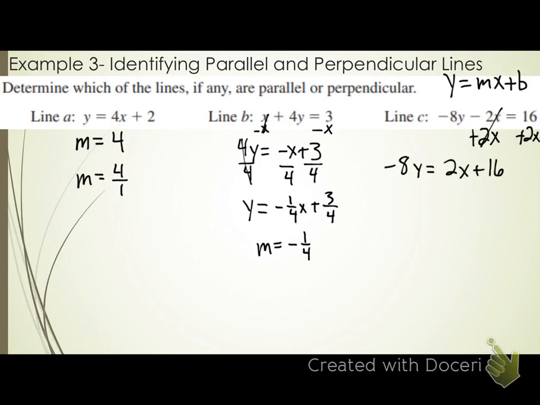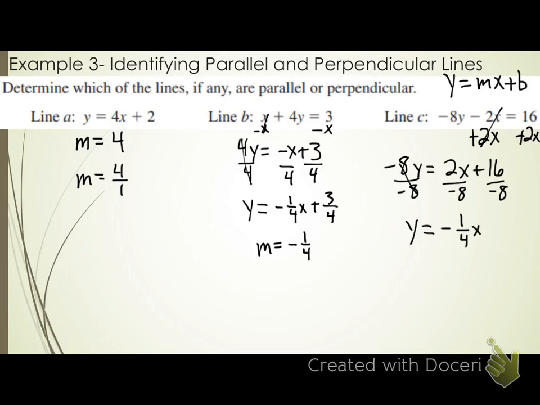Last step to get y by itself. Divide by negative 8. Every term gets divided by negative 8. What would 2 over negative 8 reduce to? What are both 2 and 8 divisible by? 2. 2 divided by 2 is 1. 8 divided by 2 is 4.